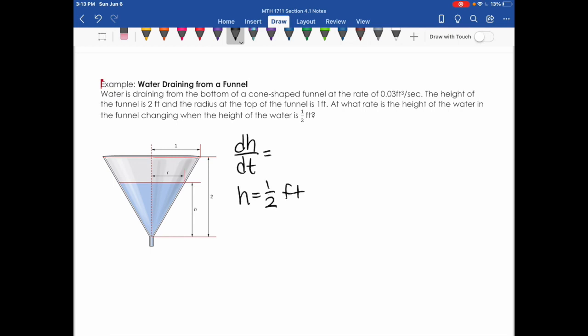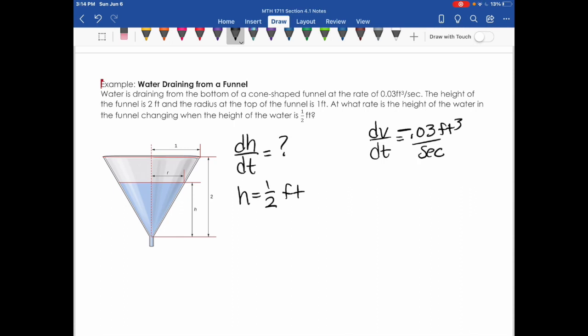And this is when the height is 1/2 foot, so we know that h is 1/2. We also are given the rate in which the volume is changing. So that's dV/dt. That was changing at a rate of 0.03 feet cubed per second. And because it's draining, we should probably put a negative in front here because it's decreasing.